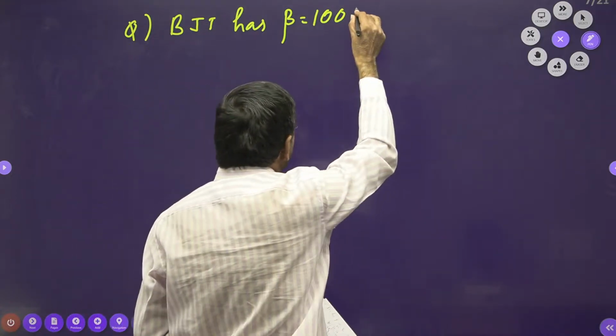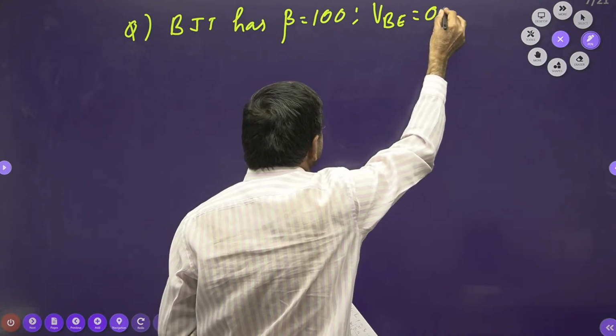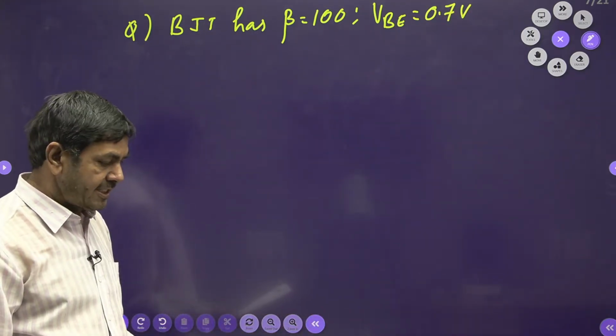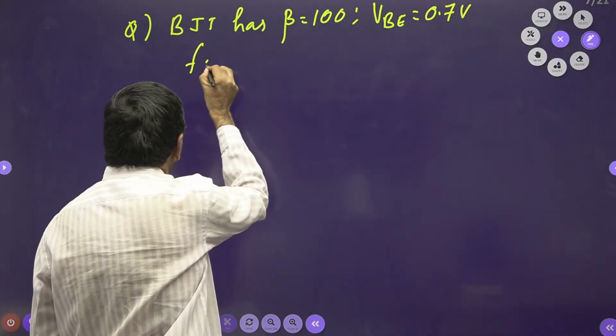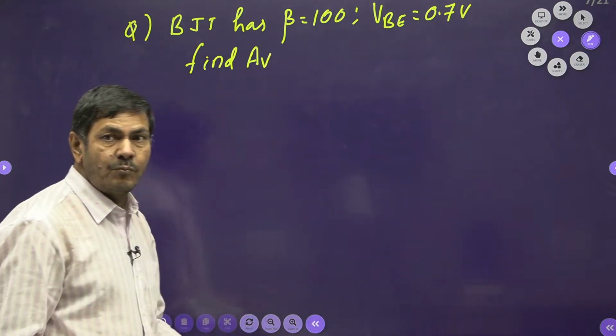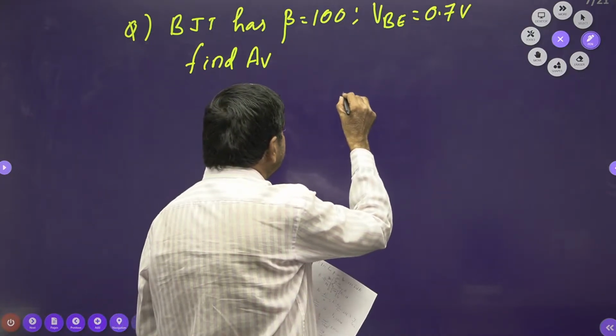VBE equal to 0.7 volts, base to emitter voltage is given as 0.7 volts. Find AV, it is asking to find the voltage gain AV. Voltage gain is required, and here the network is given like this.